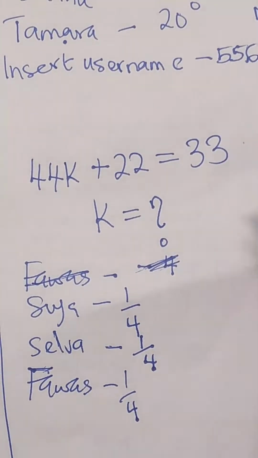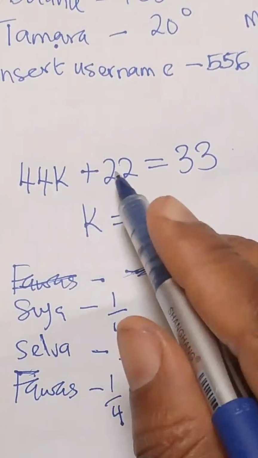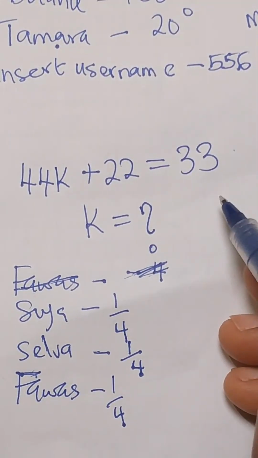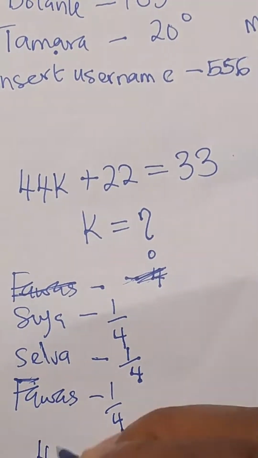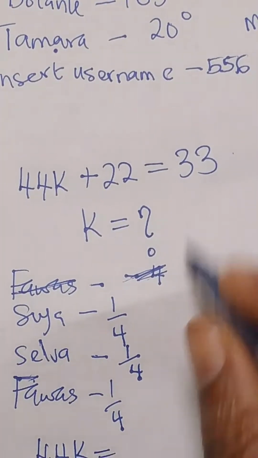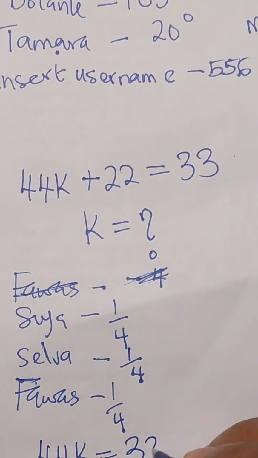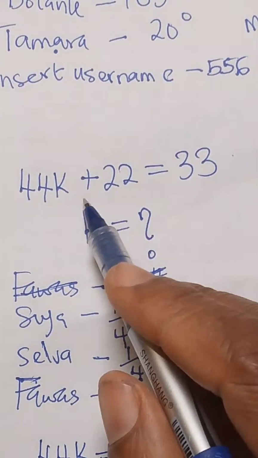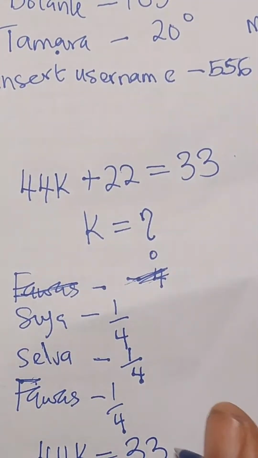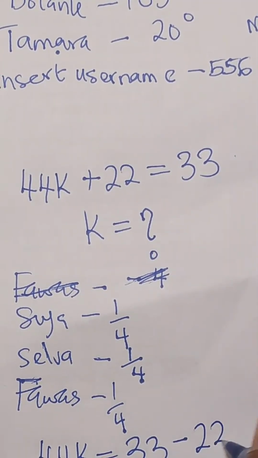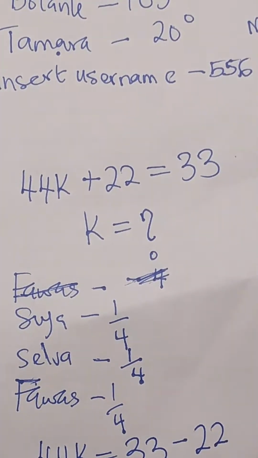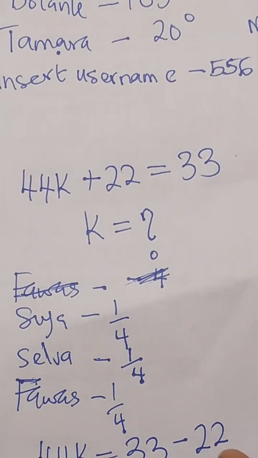Let's solve it. We have 4k plus 22 minus 33. We collect like terms. So we have 4k is equal to 33 here. When this 22 that is positive crosses the equality sign, it becomes negative 22. So we have 4k is equal to 33 minus 22, which will give us 11.